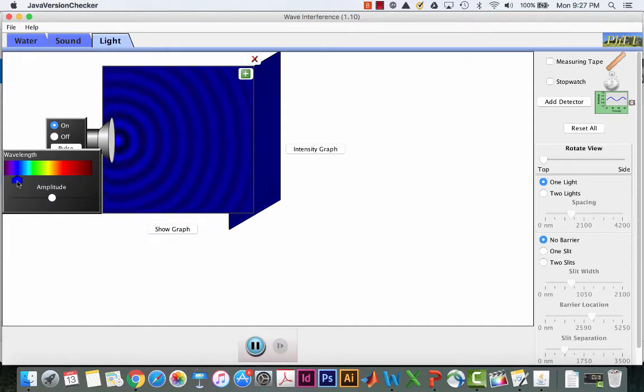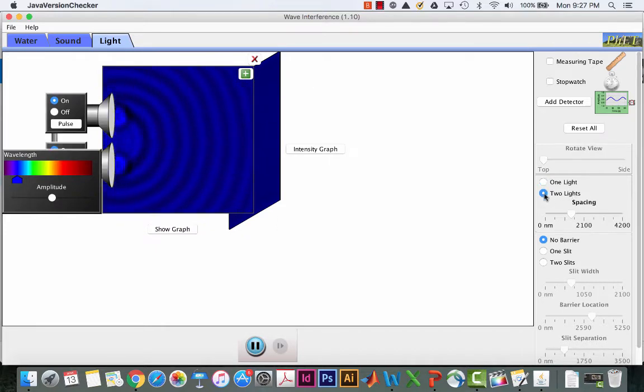This is light coming from one source, and there is no interference. We're simply seeing peaks and troughs as the waves travel, and our screen here doesn't have any variation. If we turn this into two lights and we watch the interference of two lights, we'll see an interference pattern build up on our screen here.